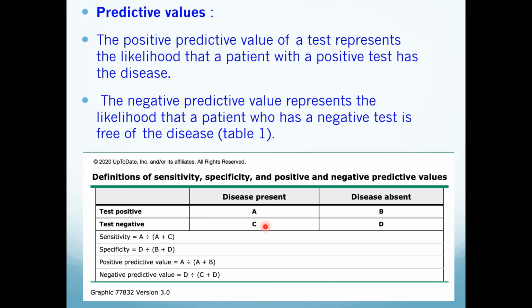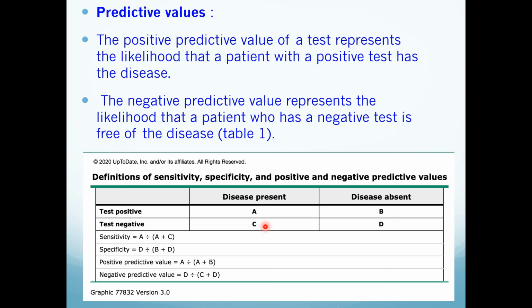Like we said, VDRL detects most of the patients, like 99% of the patients who have syphilis, and they will test positive for VDRL. Is it specific? No, it is not specific, because some of these patients are positive but do not have syphilis.